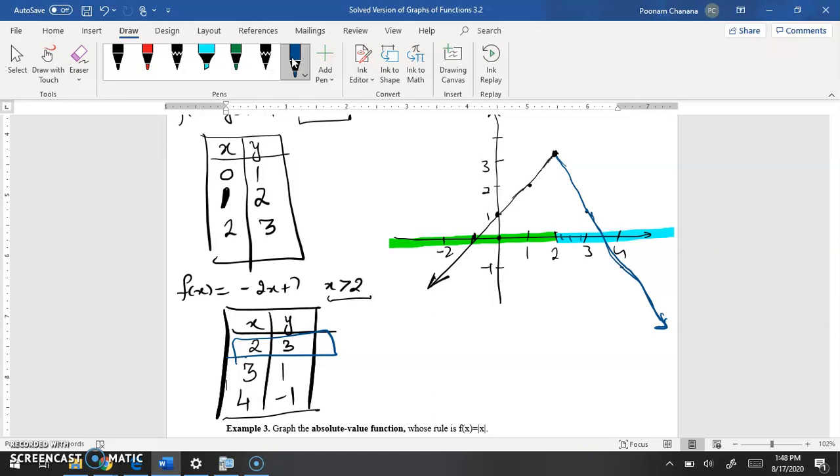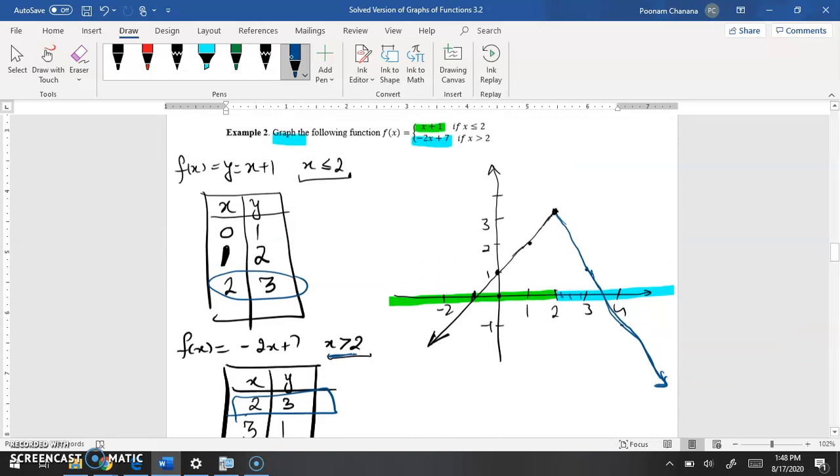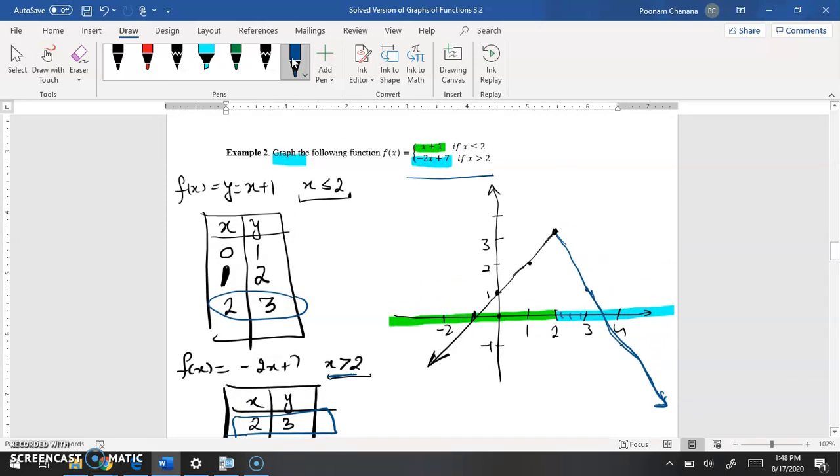Only at 2 this doesn't hold, but because these two points coincide at the same point, we can join these lines like that. So this is the graph of the given piecewise function. It's defined one way for values of x less than or equal to 2 and another way after 2.